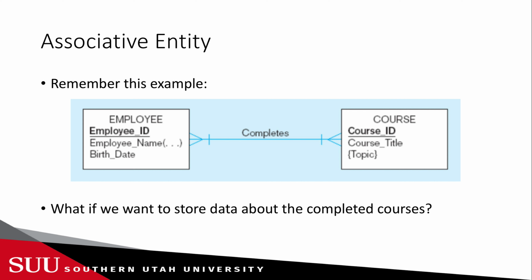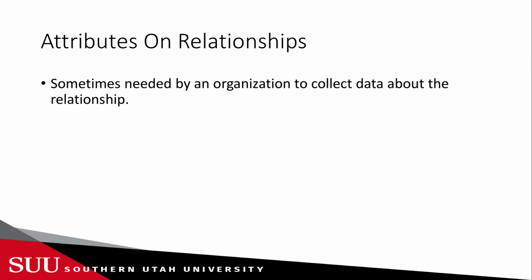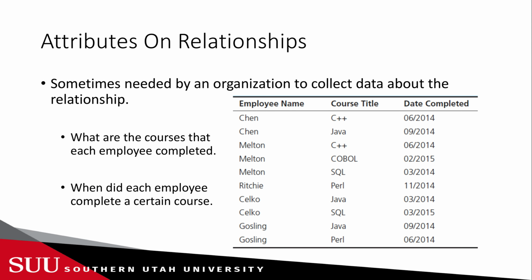And when that employee completed course number two, when did that employee complete that course? So what we want to have at the end is something like this. So I need to have the employees and the courses and when did they complete them. So I want to know what each employee completed and when did that employee complete that course.